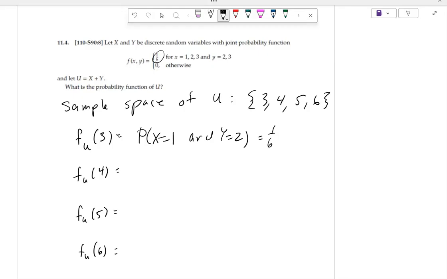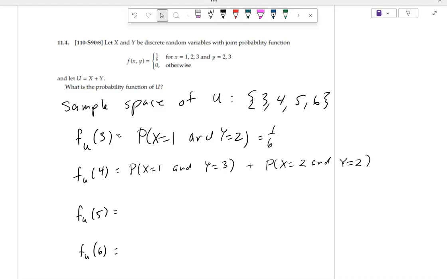How can you get a sum of 4? x is 1, y is 3, or they're both 2.